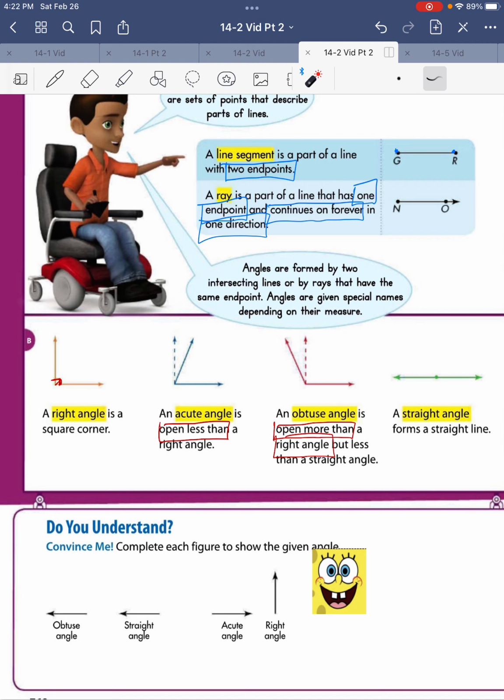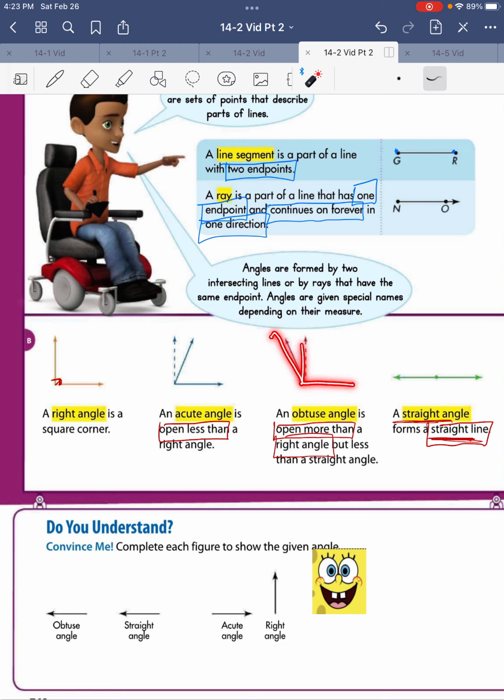Okay. Our next one is called a straight angle. A straight angle forms a straight line. Okay, so that's our key word, straight line. Okay, so just think, a straight angle, it's a straight line. It says it in the name, okay? Going back to my obtuse angle, an obtuse angle is more than a right angle because a right angle starts here and goes here.